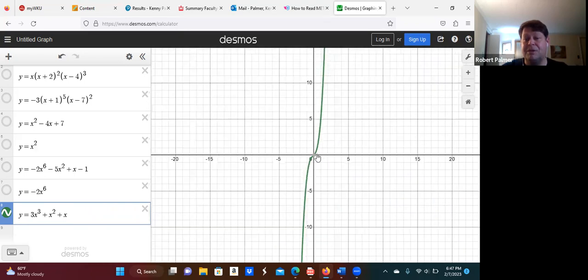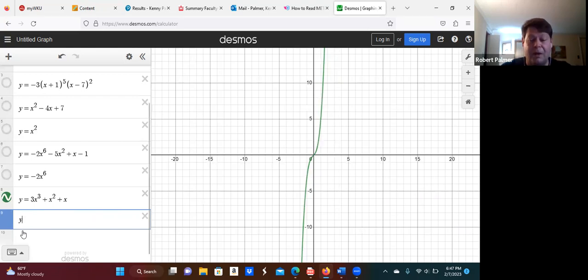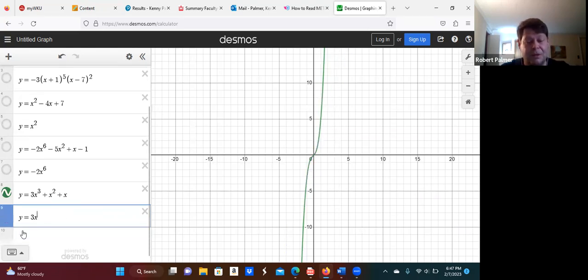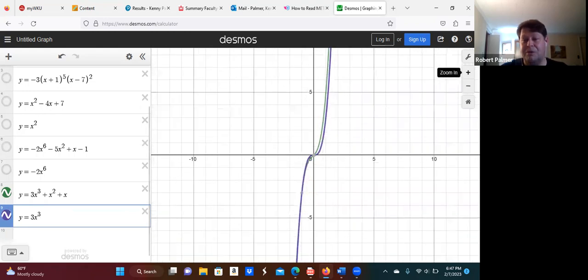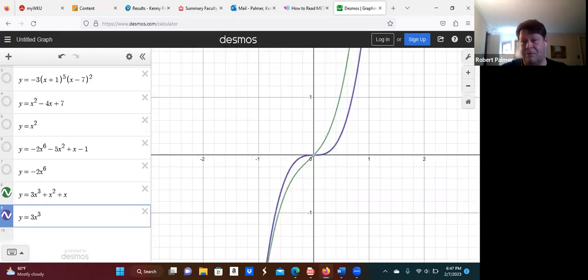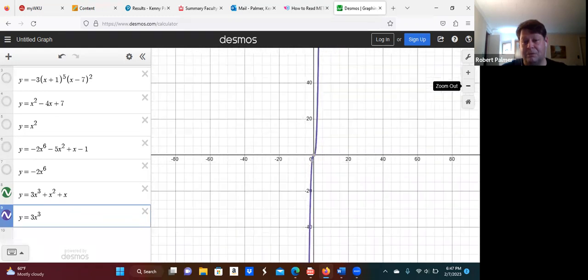In a positive direction, as we go far away from 0, it goes to positive infinity. Go far away from 0 in the negative direction, it goes toward negative infinity. If I just graph y equals 3x cubed, even though close to 0 it's not exactly the same, as you can see, far from 0 it looks like that. It does basically the same thing.